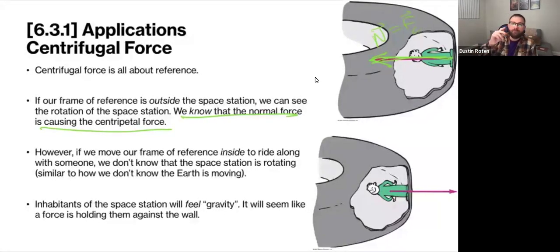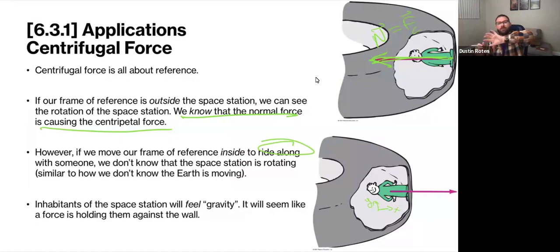Now, if we move our frame of reference inside, so suddenly we're in here, if our coordinate system and our frame of reference and our grid is suddenly riding along, that's important. So instead of just having our frame of reference sitting here watching, suddenly our frame of reference is moving, right?